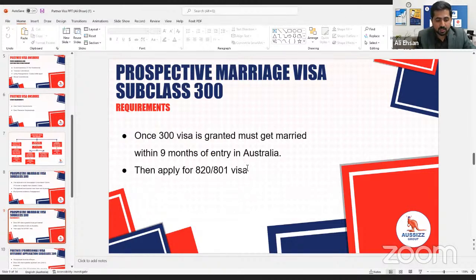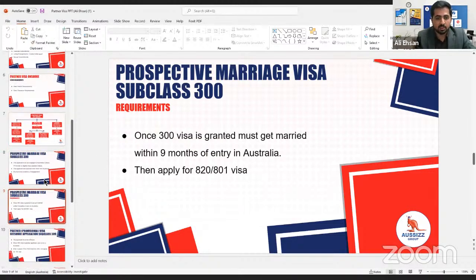The department has given more leniency in terms of the duration for the 300 visa, so they are giving more time for you to get married, but this is the standard time that you can generally expect.